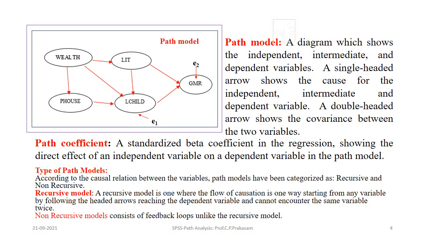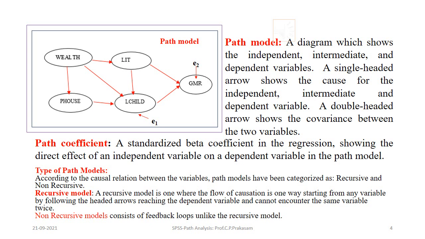According to the causal relation between the variables, path models are categorized into recursive and non-recursive models. The recursive model is one where the flow of causation from one variable will go and follow another variable through the arrow, following the headed arrow, reaching the dependent variable, and that will not come back to the same variable.